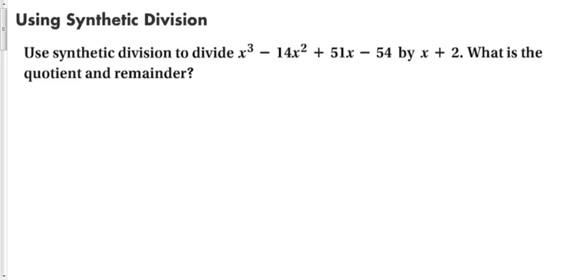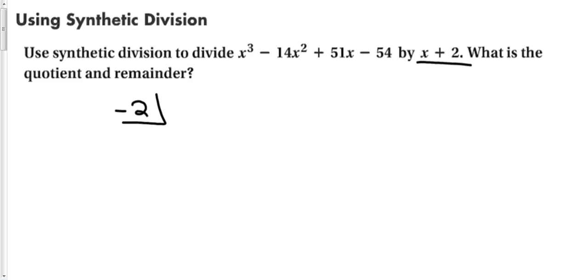Okay, so first, we're going to look at this divisor. We're going to see, is that a linear factor? It is. So we're going to start with putting a in a little box off to the side. A is going to be -2.